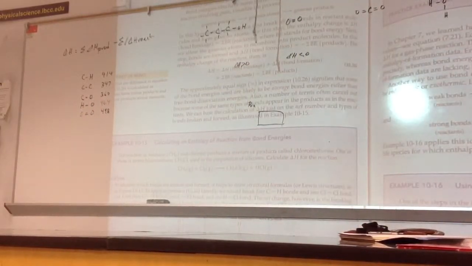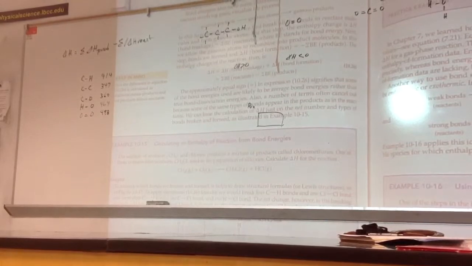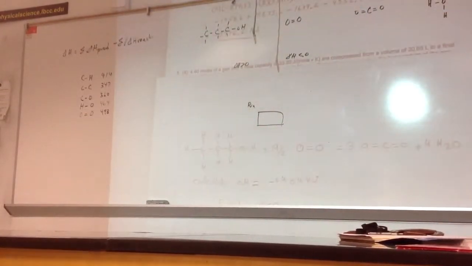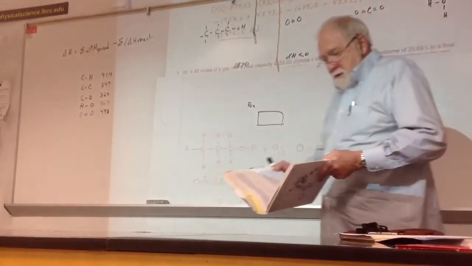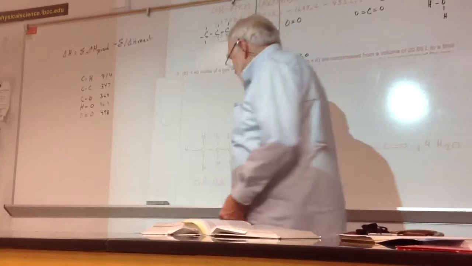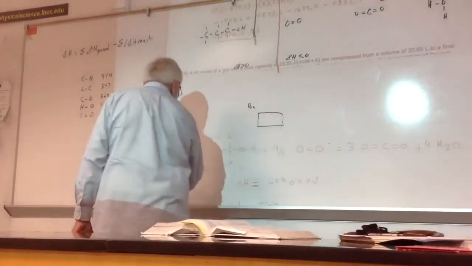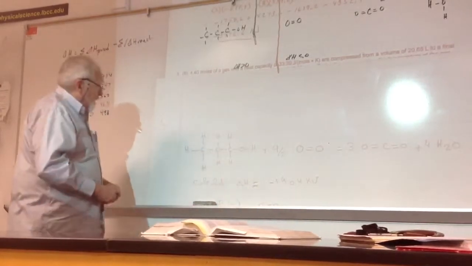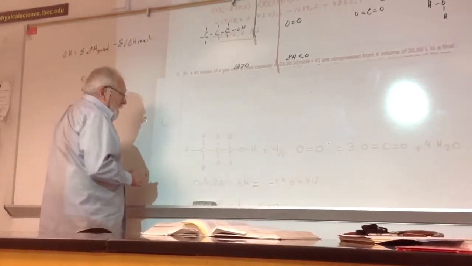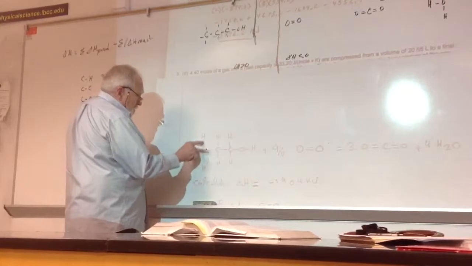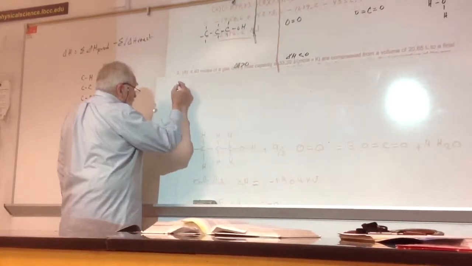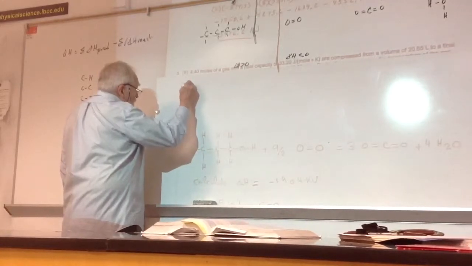So, finally, the problem. And I'm going to do it the logical way. I'm going to break all these bonds. So if I'm breaking bonds, I'm going to write it as a positive number. And I have 1, 2, 3, 4, 5, 6, 7 C-H. And sometimes I write it down for myself.